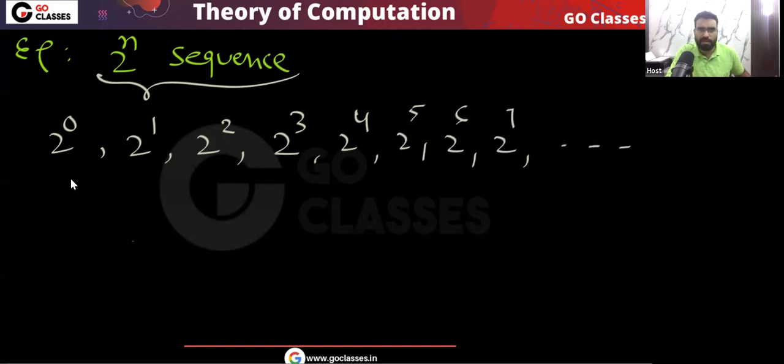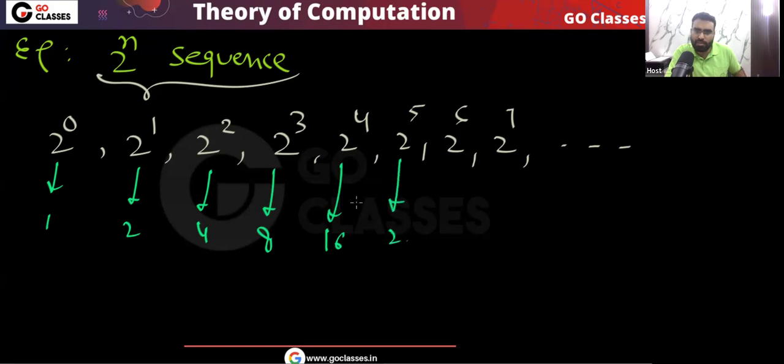Now tell me, here do we have uniform distance or not? 2 power 0 is 1. Here you have 2, here 4, here 8, here 16, here 32, here 64, then 128, then 256, and so on.